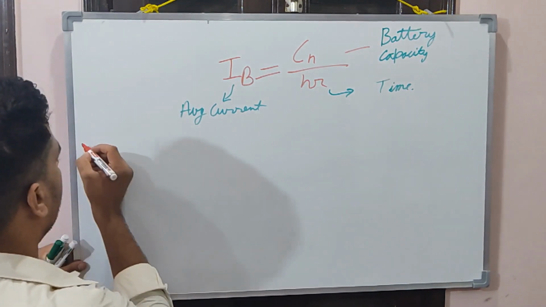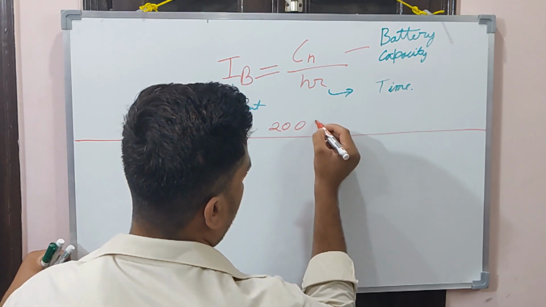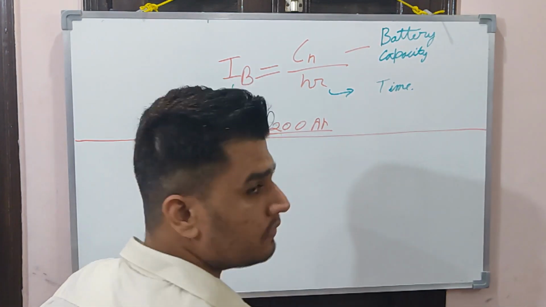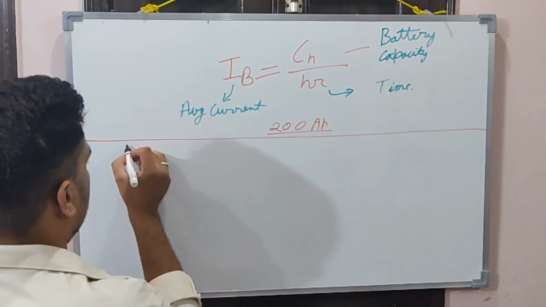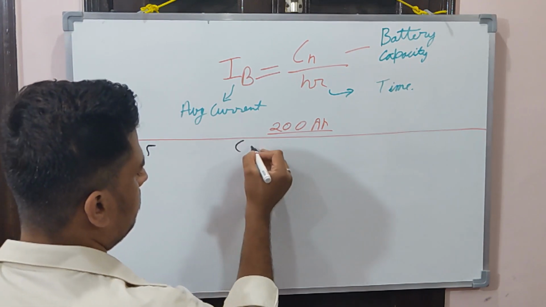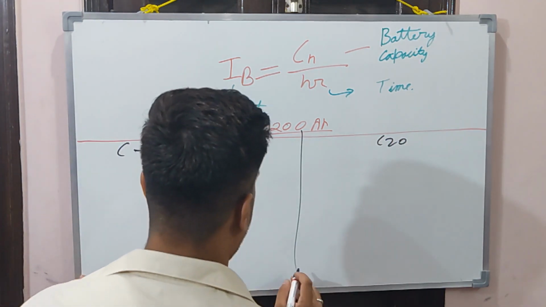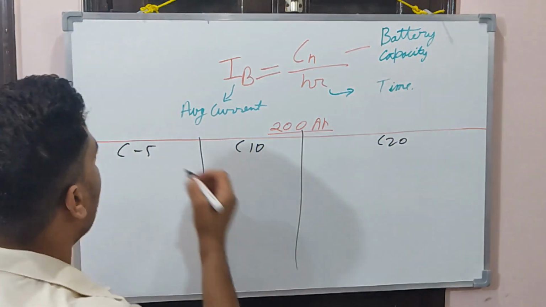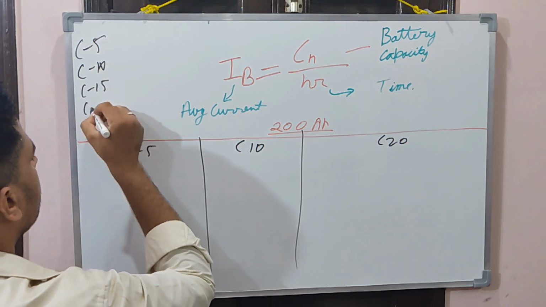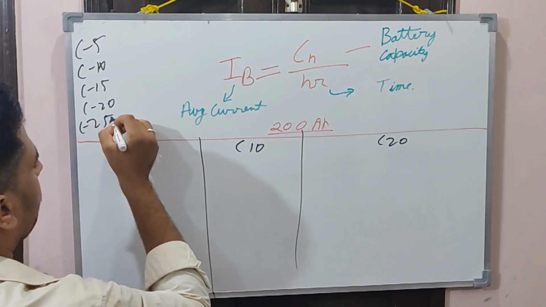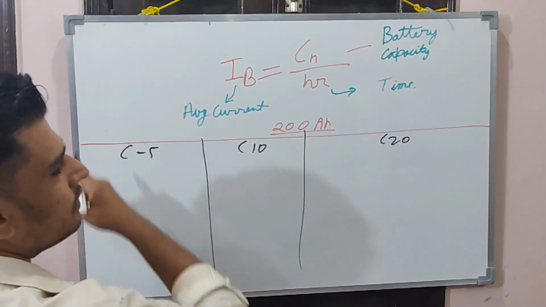So I am considering a case with a 200 ampere hour battery, and I am taking 3 cases: C5, C10, C20. You all know that batteries are available in C5, C10, C15, C20, C25 as well. And if you want a bigger battery, you can search for dealers for it.